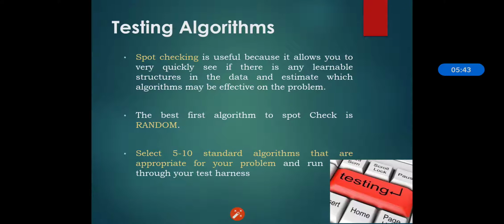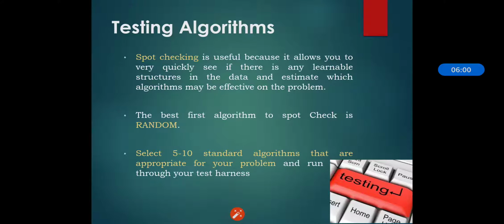In this way we can use these ingredients for design purposes, that is test harness, performance measure, testing and training datasets, and cross validation. Testing algorithms, which comes under this, is spot checking.